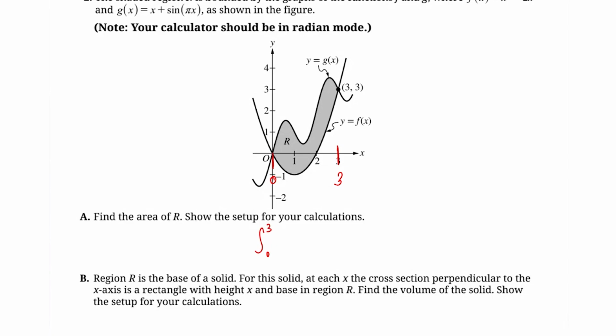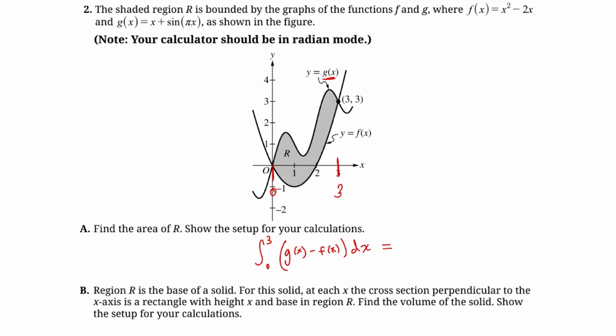Now, how do we find this area? What's interesting here is that the g function is on top. So we actually want to do g minus f. So g of x minus f of x. And make sure you have your little dx on there. If you're using Desmos, it'll give you a little error if you forget that. So hopefully that can be a reminder to include it. But then we're just going to say, what does this equal?